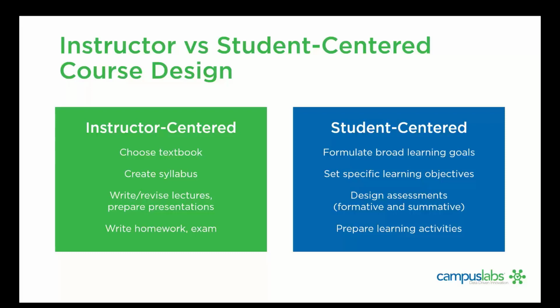So thinking about what you want your students to take away from the course and really focusing in on those specific learning objectives and course outcomes and really designing assessments and activities off of those, both formative and summative. So taking a look at being able to incorporate a little bit of formative assessment can shift your classroom from being instructor centered to student centered. And again, I think there's something to be said for balance between the two of these.